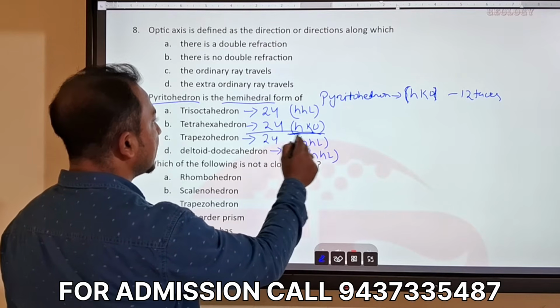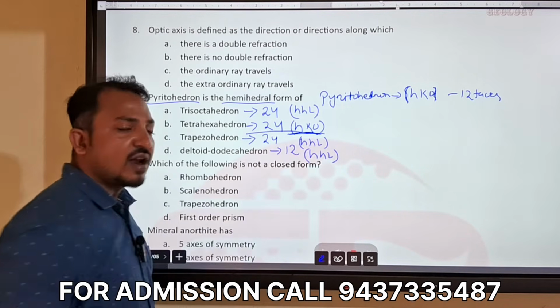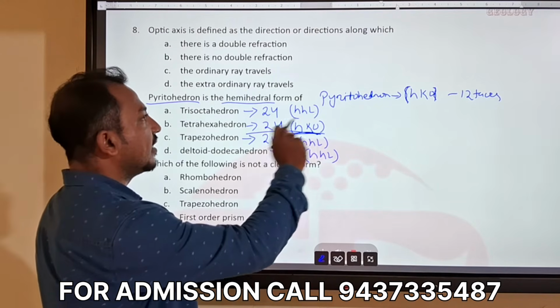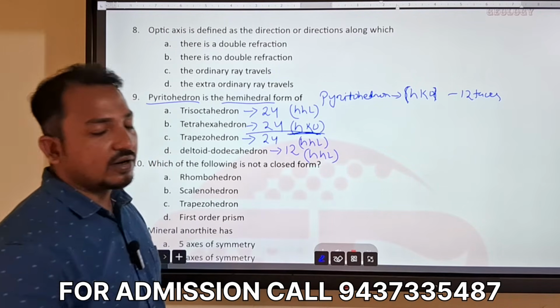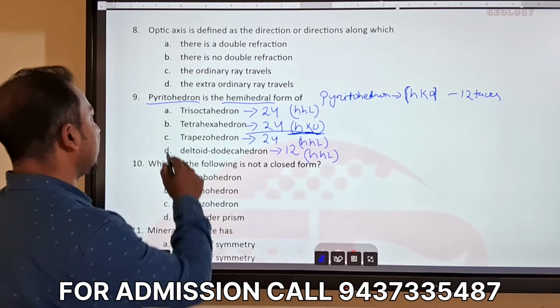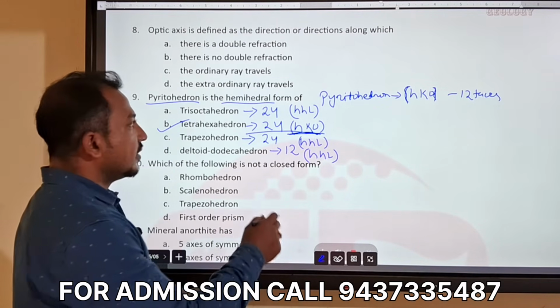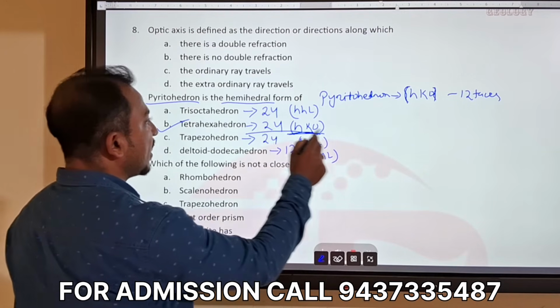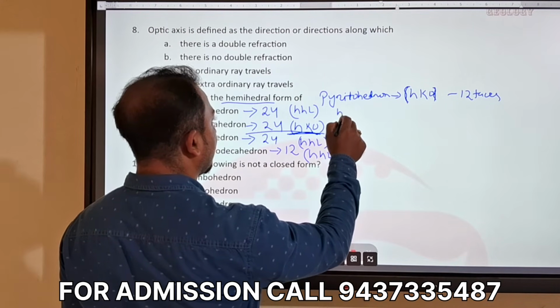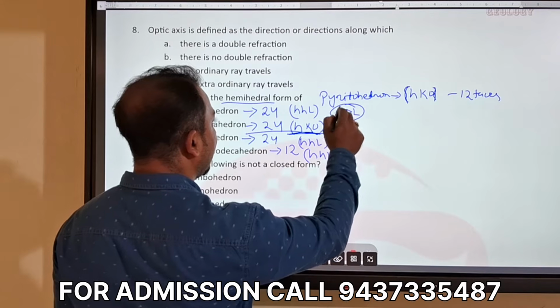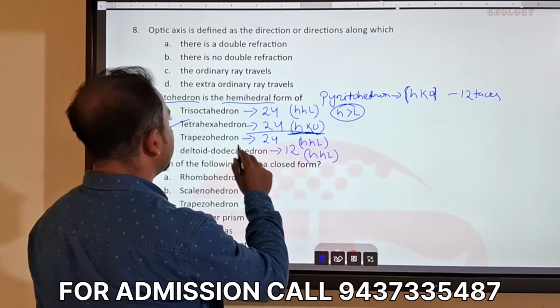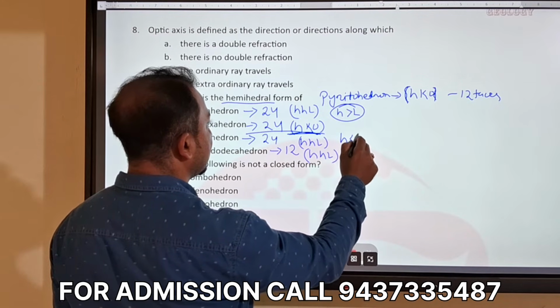So here you can see tetrahexahedron and pyritohedron have the same symbol, and pyritohedron contains half the number of faces of tetrahexahedron. Answer will be tetrahexahedron. Then in case of trisoctahedron, remember here h will be greater than l, and in case of trapezohedron h is less than l.